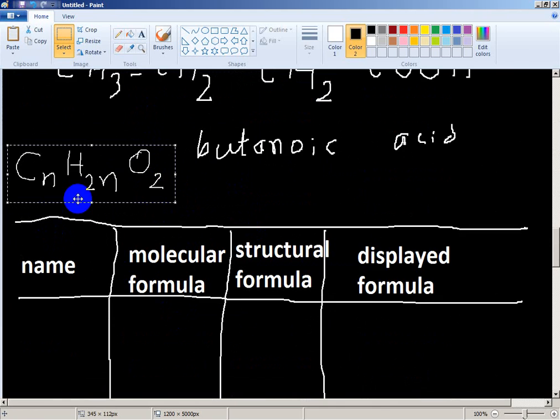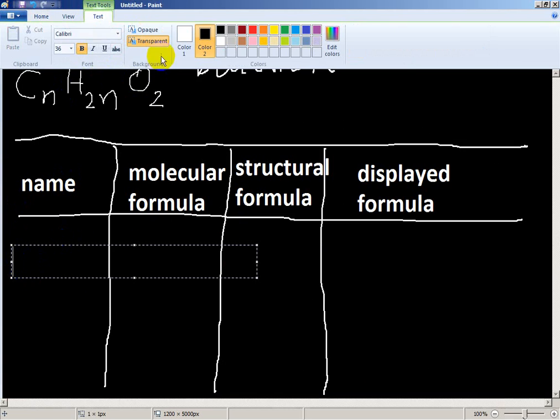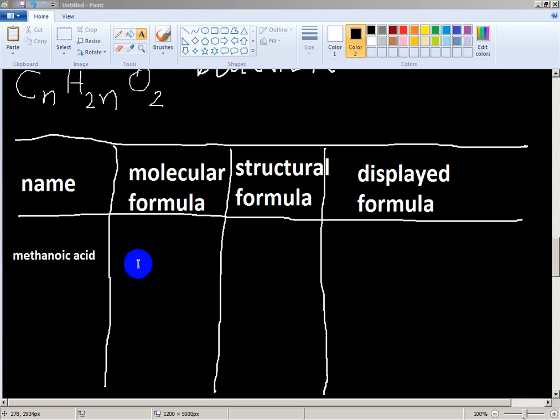Okay, this is the general formula CnH2nO2. Name: at first is methanoic acid. Methanoic acid, how many carbon here? 1 carbon.